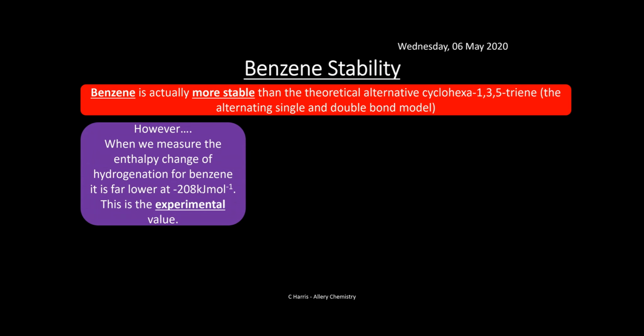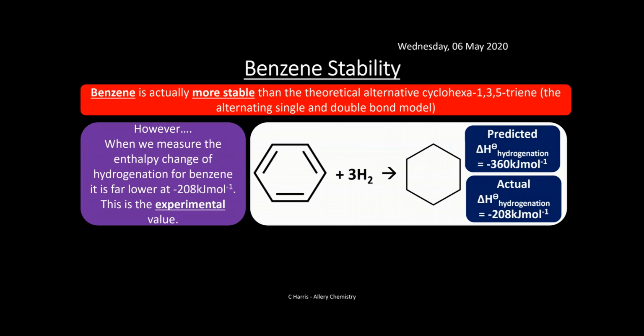And this is the experimental value that we've actually calculated when adding hydrogen to benzene. So we can see here that predicted, if it had the 3 alternating double bonds, we would expect it to be minus 360 kilojoules per mole, but actually it's minus 208 kilojoules per mole.